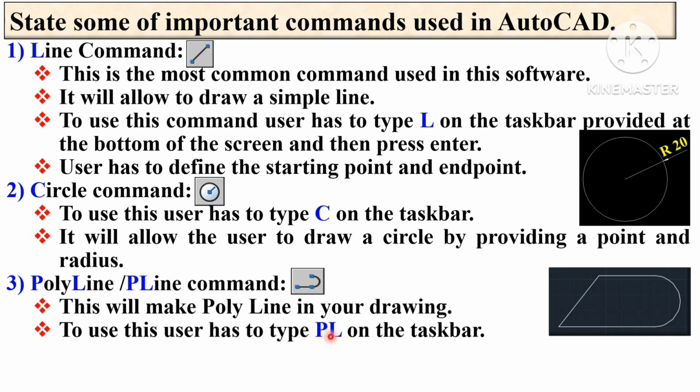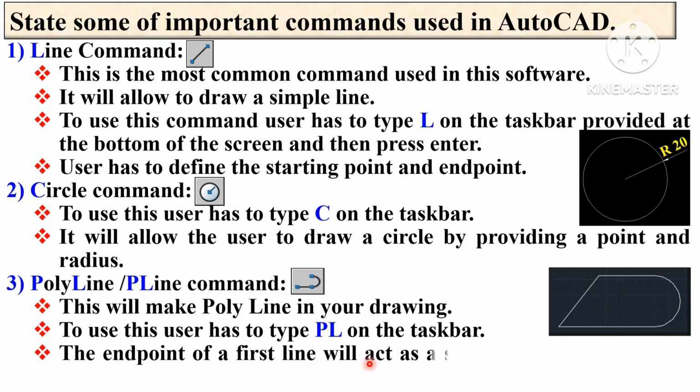So PL is the short key to execute the polyline command. The end point of the first line will act as the starting point of the second line, and so on. If you want to draw a drawing like this, you can use the polyline command, because in this drawing there are straight lines as well as arcs. So you can use the polyline command for this type of drawing.